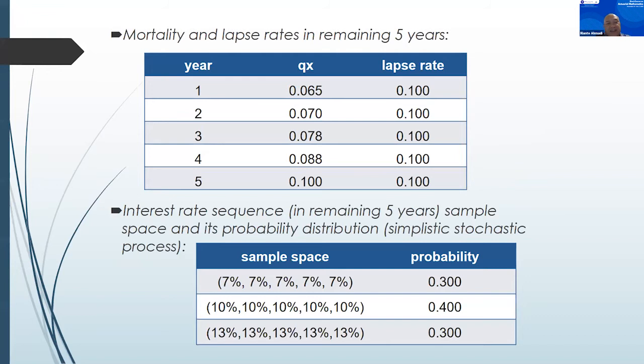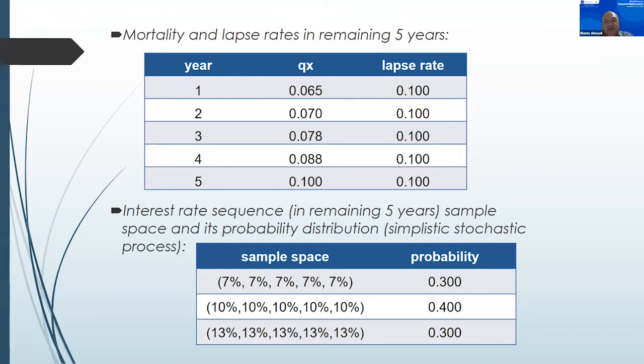What kind of mortality and lapse rates do we have here for this policyholder? In this example, we assume that the mortality rates and lapse rates for each one of those 5 years in the future are given in this table. QX is for the mortality rates, lapse rate is for the lapse rate.